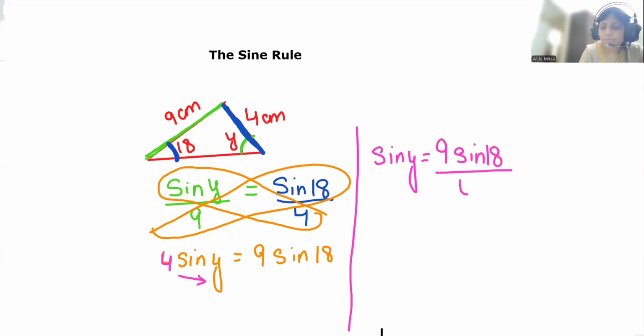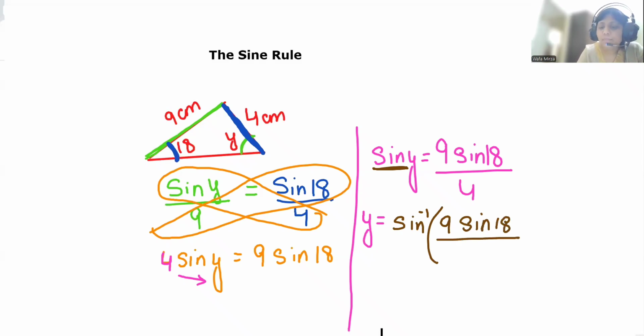divided by 4. Now lastly, when sine goes to the other side, it will become sine inverse. So sine inverse of 9 times sine 18 divided by 4.